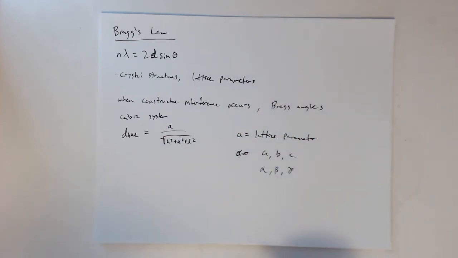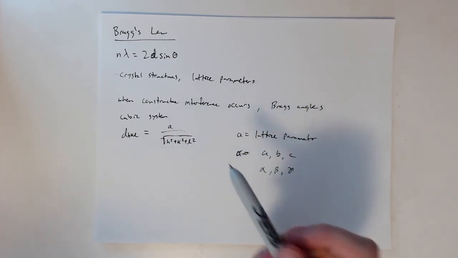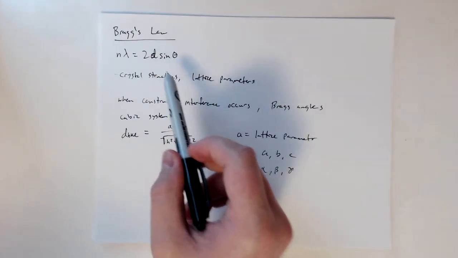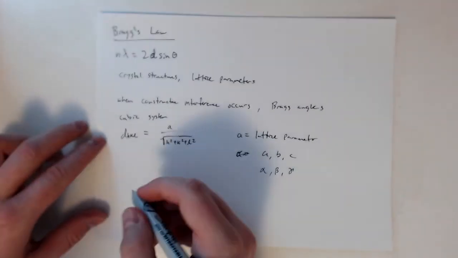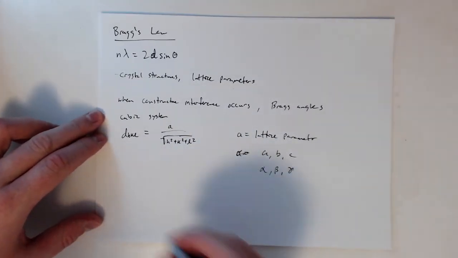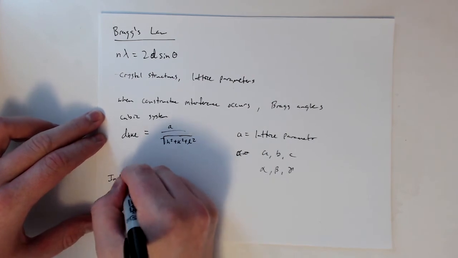So that's what we do when we're trying to determine what a structure is: we use this Bragg geometry to calculate interplanar spacings, which then give us the lattice parameter. So indexing, let me write it out here.